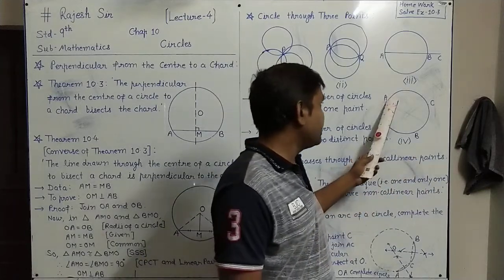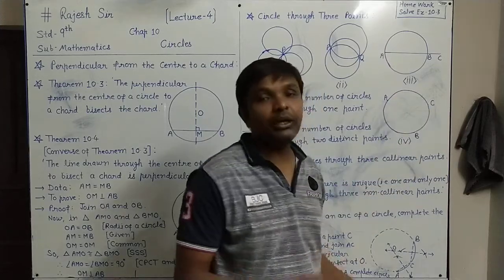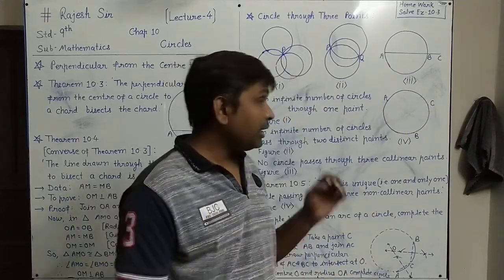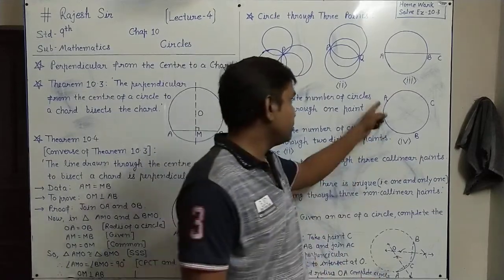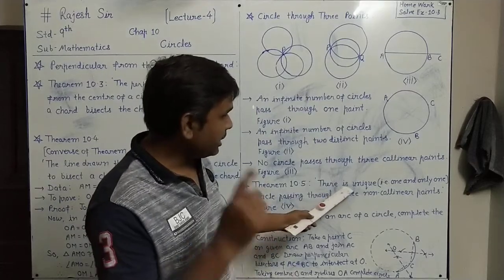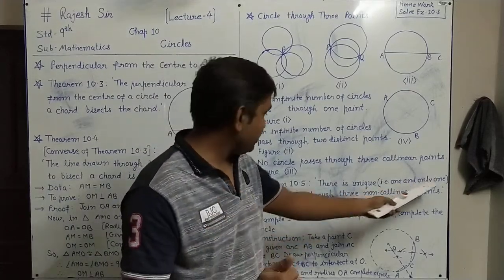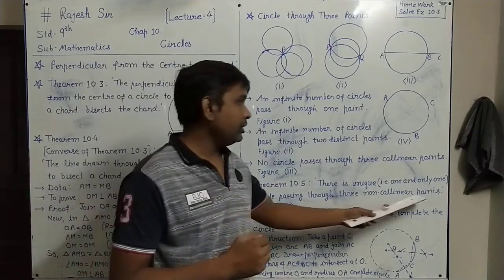But if the points are non-collinear, like this A, B and C, not on the same line, then you will find one and only one circle passing through these 3 points. So that is theorem 10.5. Unique means one and only one circle passes through 3 non-collinear points.